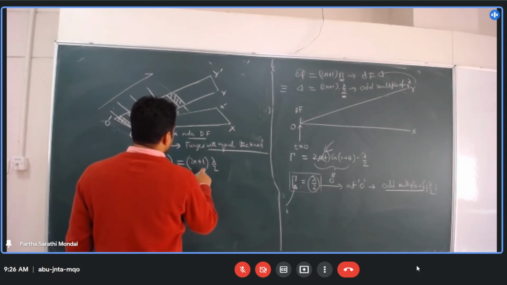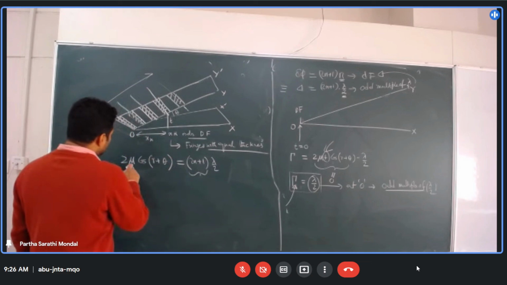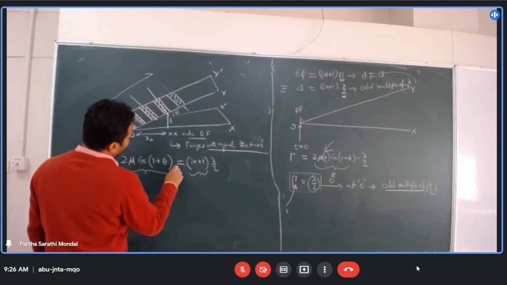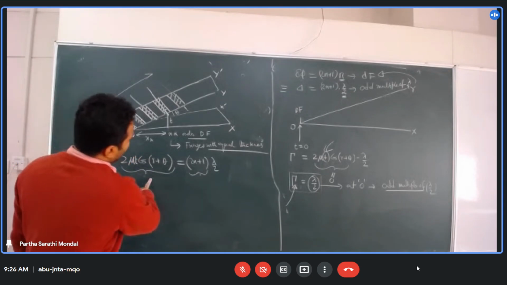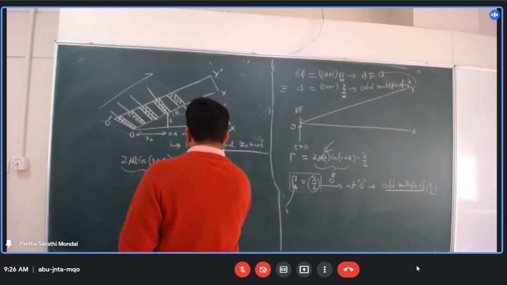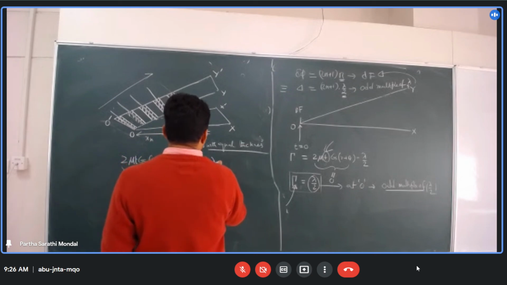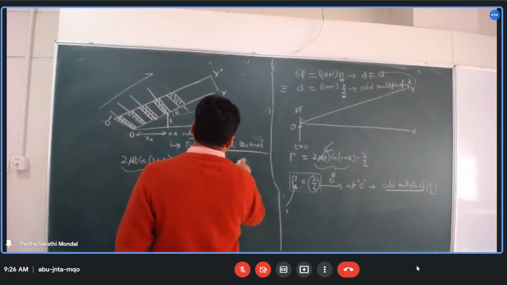So odd multiple of lambda by 2 on the left side, it's not the total path difference, it is the left side. If the left side is an odd multiple of lambda by 2, it will give you a bright fringe.